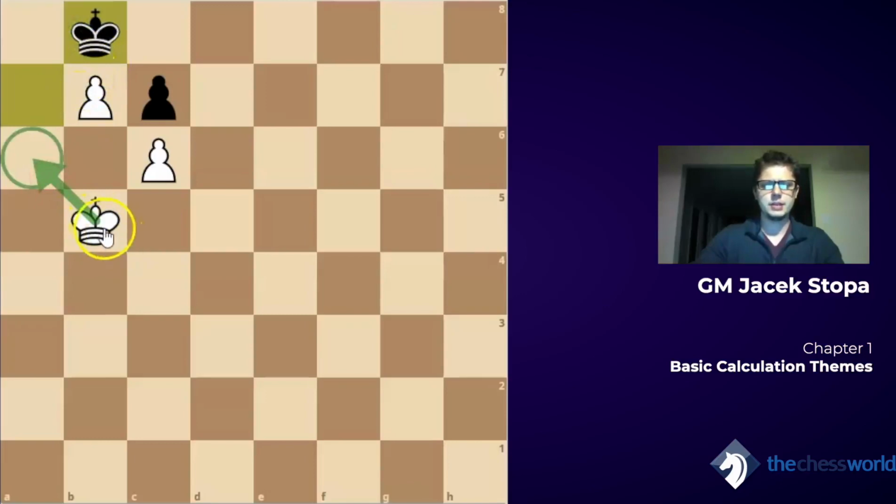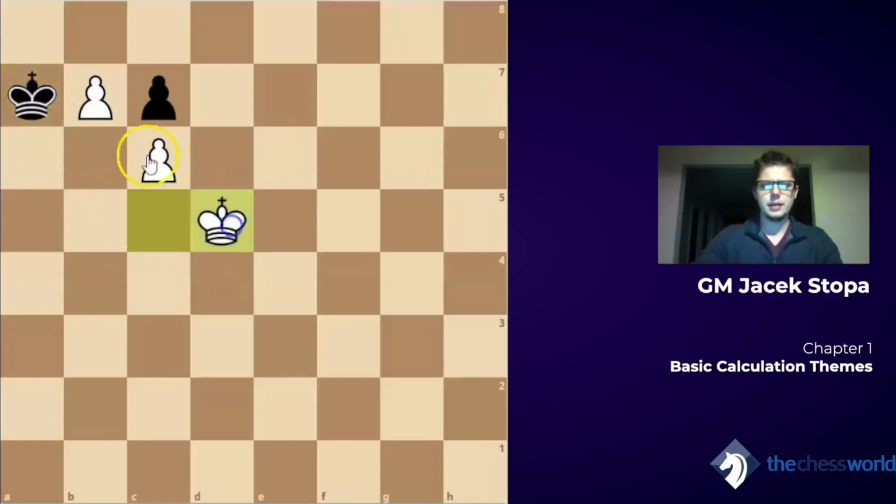Is king a6 possible? Well, obviously not. This is a stalemate. But again, we use some simple calculation, and we realize this is obviously a win. So white wins this game.